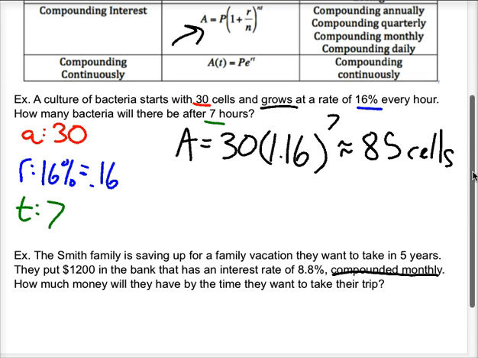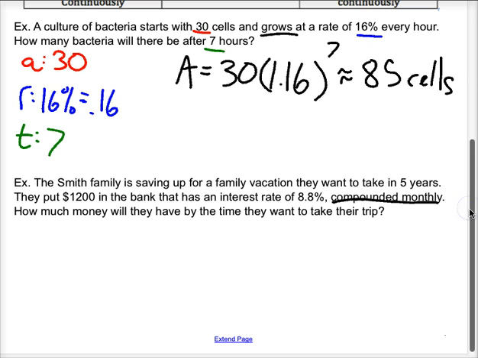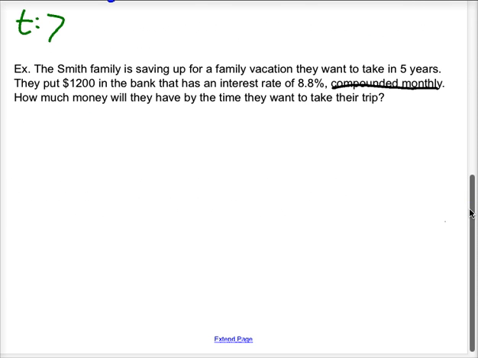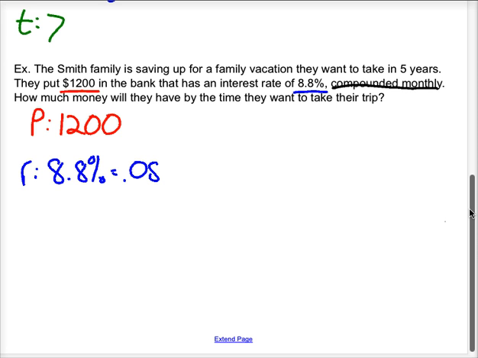So let's start picking out all that information that we need because this one takes a lot of information, if you recall. So the first thing we need to know the initial amount, the principal they gave the bank, that's going to be $1,200. We need to know the rate. Well, here, the rate is 8.8%, but again, we need to move that decimal place twice.